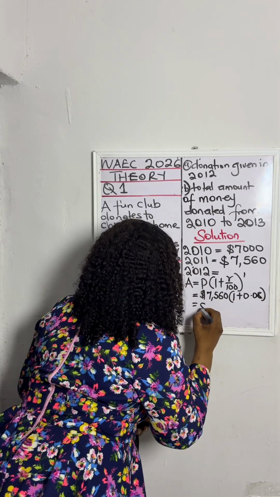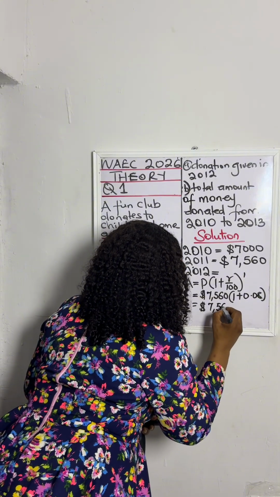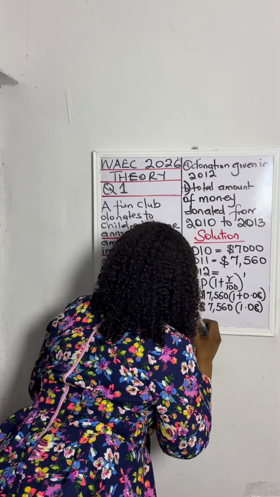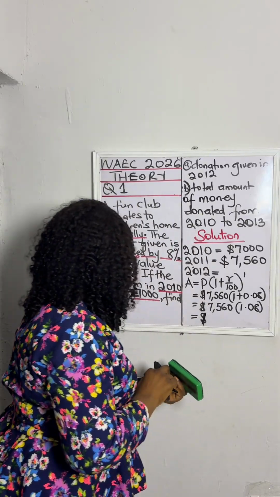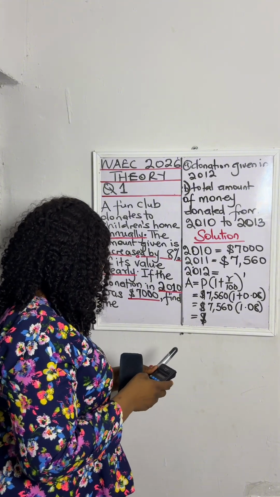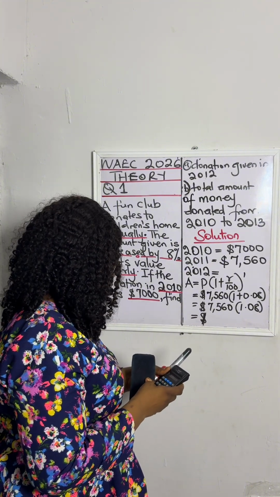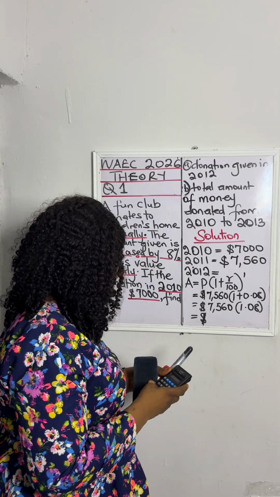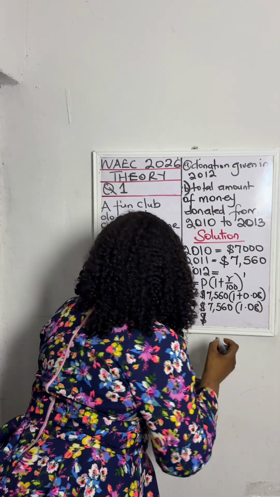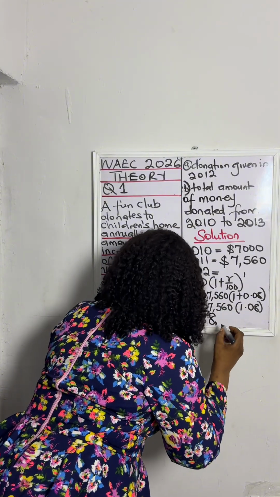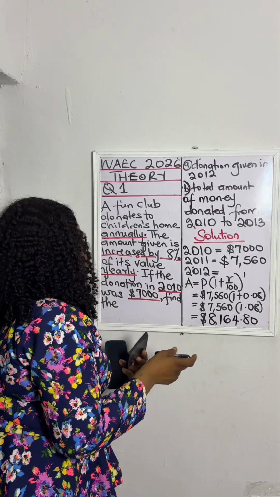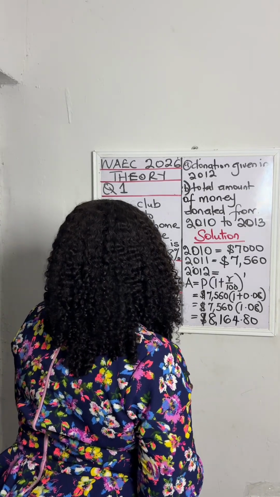So this is $7,560 times 1.08. Punching the calculator again, this gives us $8,164.80.